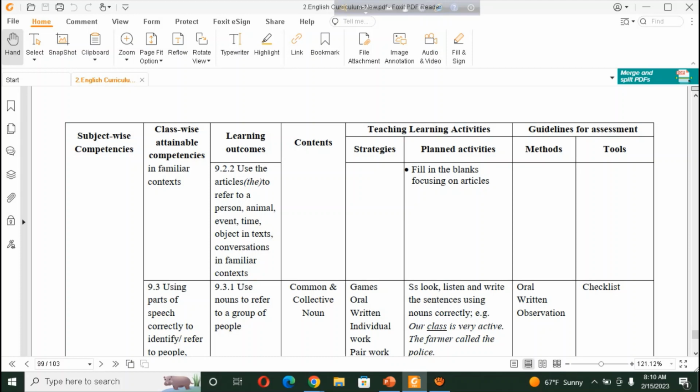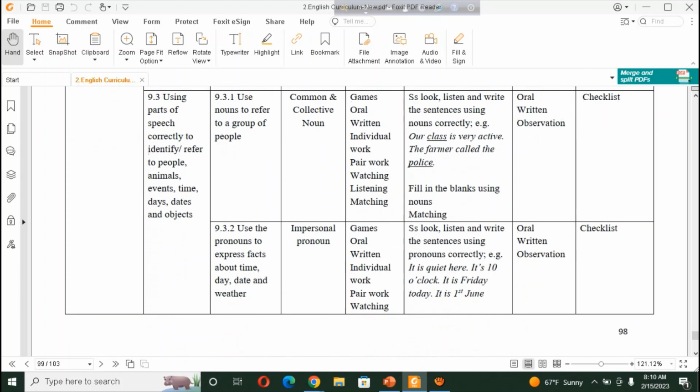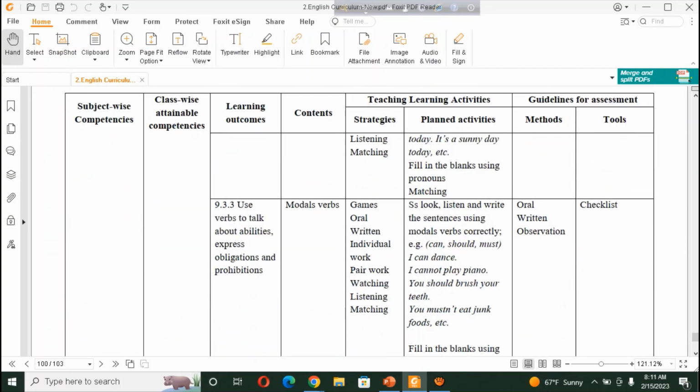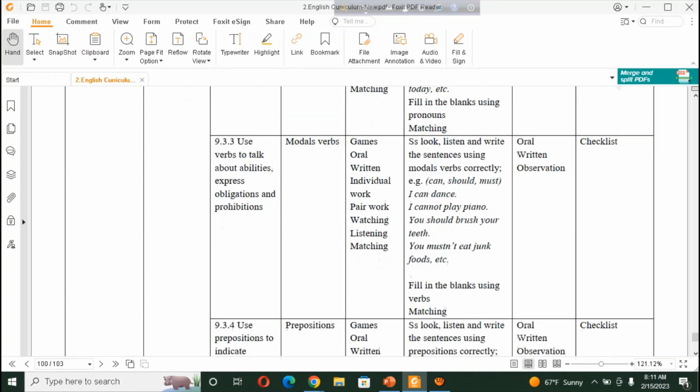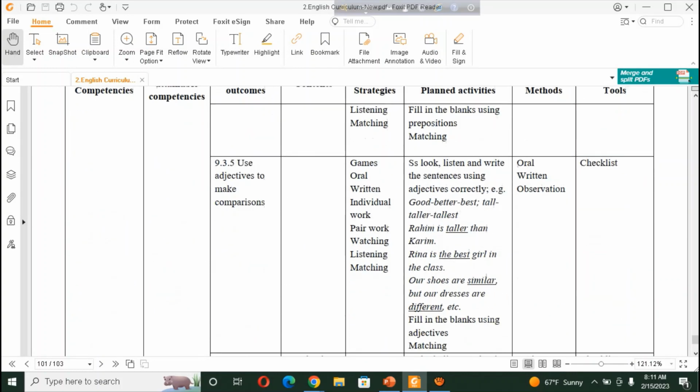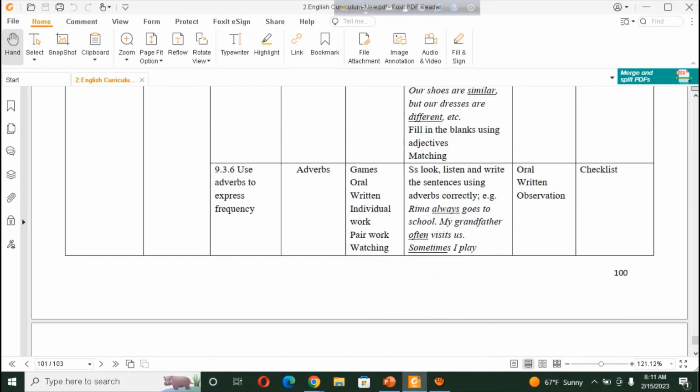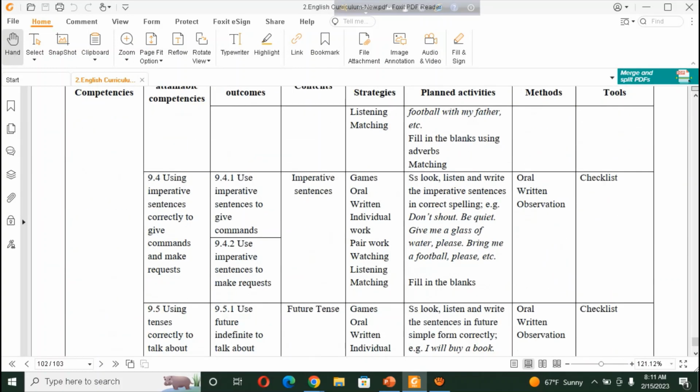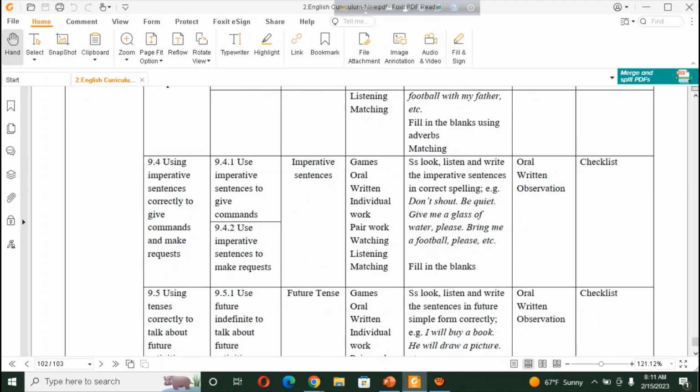Here articles are given in a specific area, and within that area the learner has to be taught. Use nouns to refer to a group of people, use verbs to talk about abilities, express obligations and prohibitions, use adverbs to express frequency, use imperative sentences.